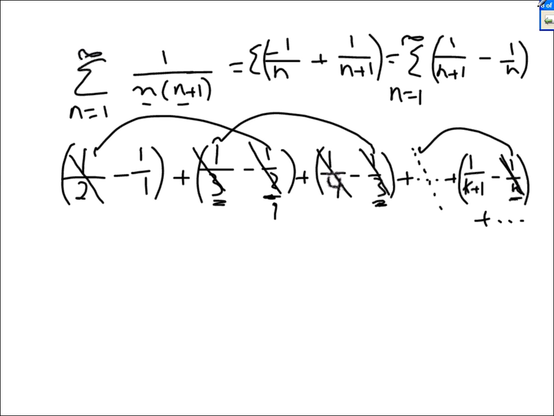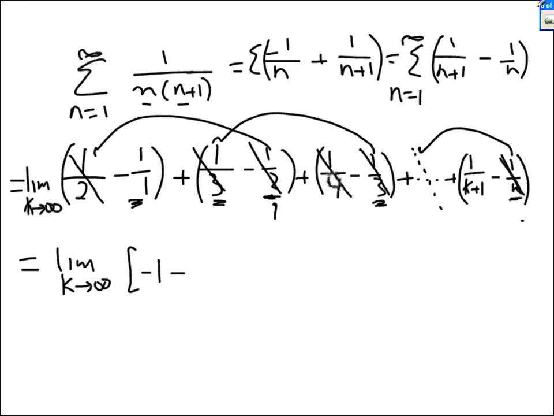And this is going to equal the limit as k goes to infinity. We want this to go on forever. That is, I don't even have to write plus and so on. So what survived? What survived was the negative 1 plus this way out there.